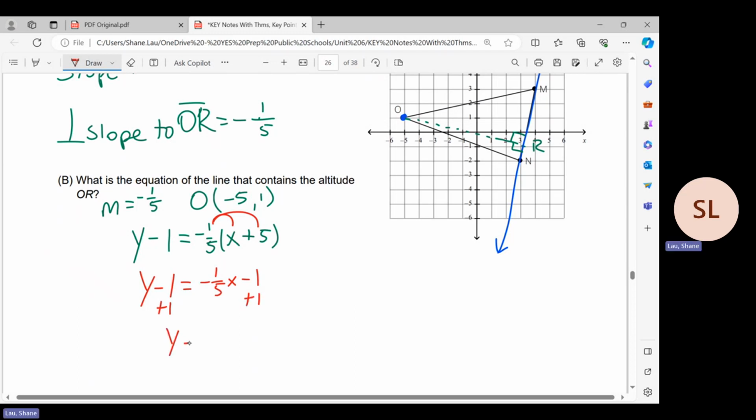And our equation is going to be y equals -1/5 x. And man, I'm really struggling today to write. And that's it. Again, either of those two answers are going to be acceptable.